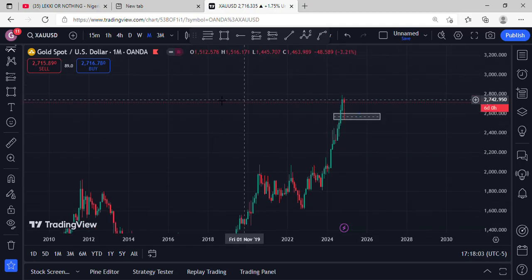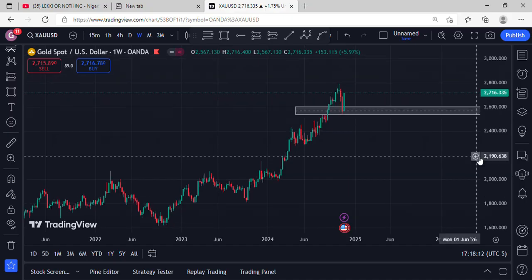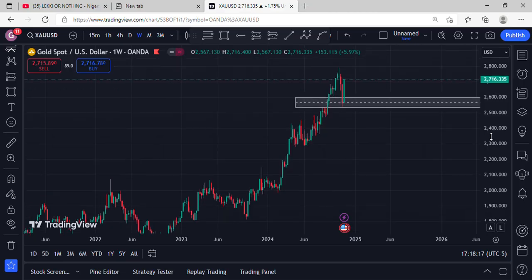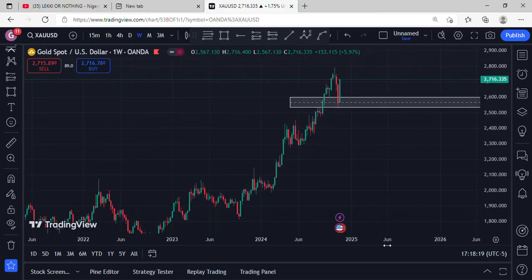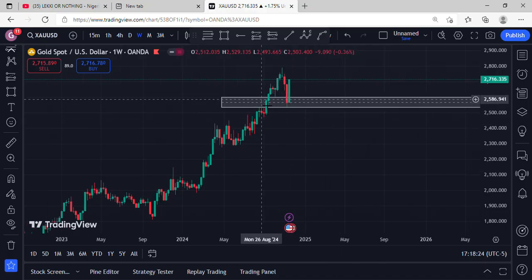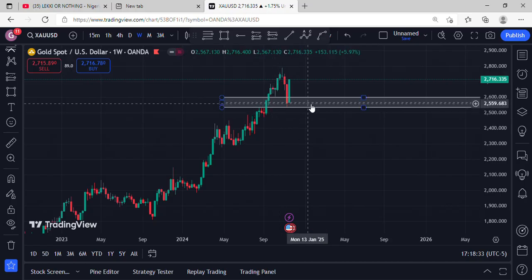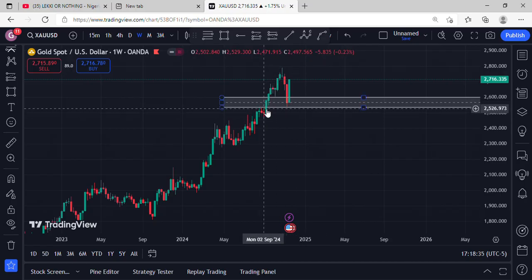So going into the weekly, this is what I found. Inside the weekly time frame, you see that prior to this monstrous bullish candle being formed, inside of that monthly fair value gap is a tiny fair value gap right here.